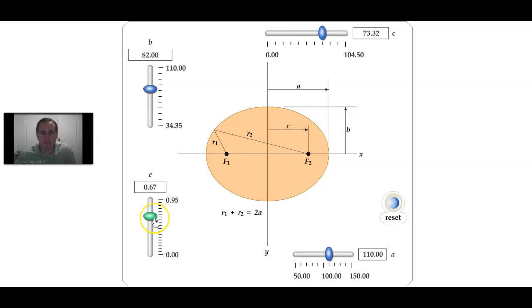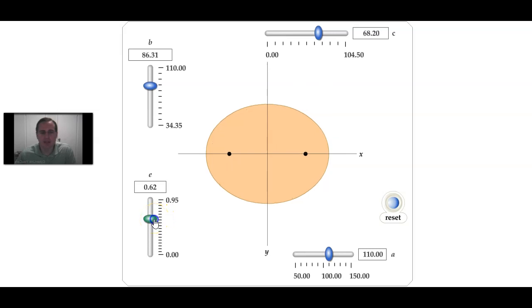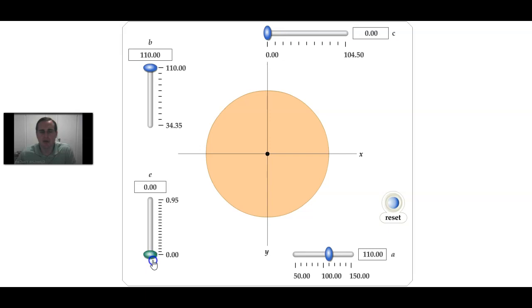Well, if this ellipse has no eccentricity, it's exactly a perfect circle. Notice that that's because the major axis and the minor axis are exactly the same length. In this case, 110 units. Let's maybe call it 110 kilometers, who knows.